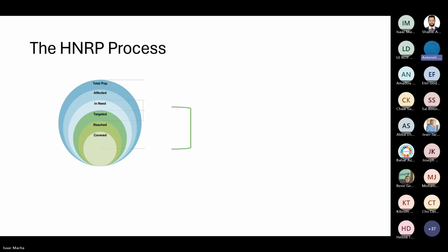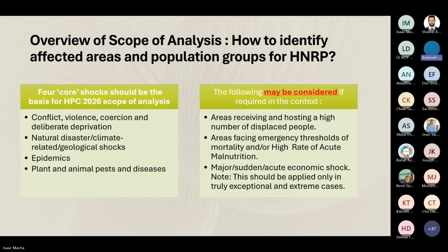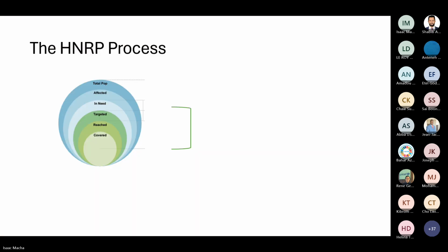Okay, so there is something wrong on this slide, but I will try to explain. The whole purpose of the HNRP process is to identify the affected population, then determine the people in need, then set the target for the response plan for the year.